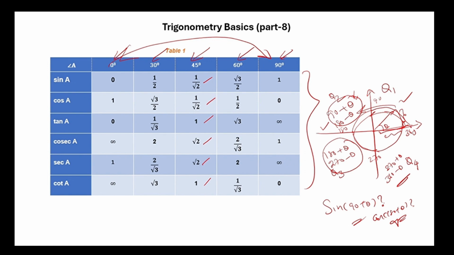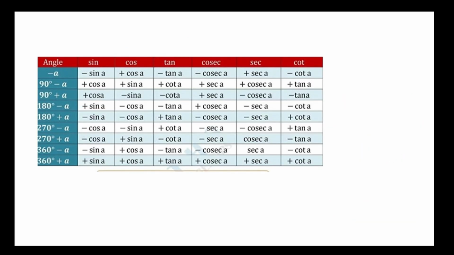Let me extend the concept from this table: how I can find the values of the angles which are related to 90 plus theta or 180 plus theta. Now this is the table. In this table you have all the information of quadrant 1, where 90 minus theta is in quadrant 1 actually, but 90 plus theta or 180 minus theta is related to quadrant 2.